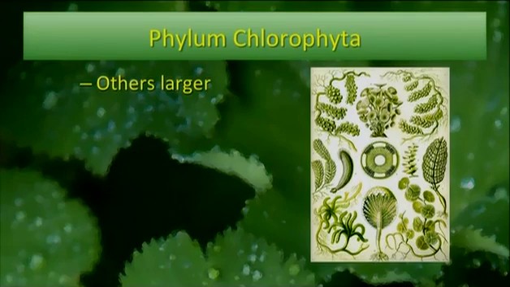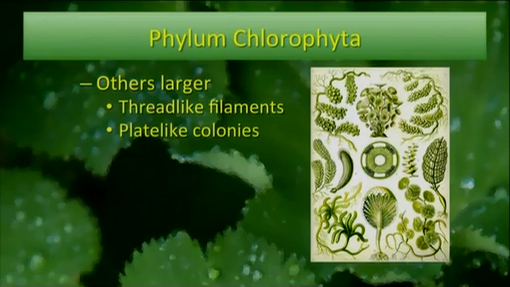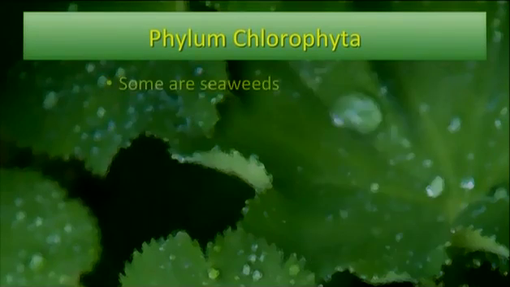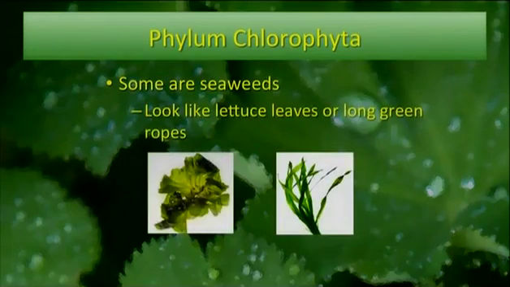They form thread-like filaments in some cases, or plate-like colonies of individual cells, net-like tubes, hollow spheres, and some are seaweeds, and they can look like lettuce leaves or long green ropes. So those are the Chlorophyta.